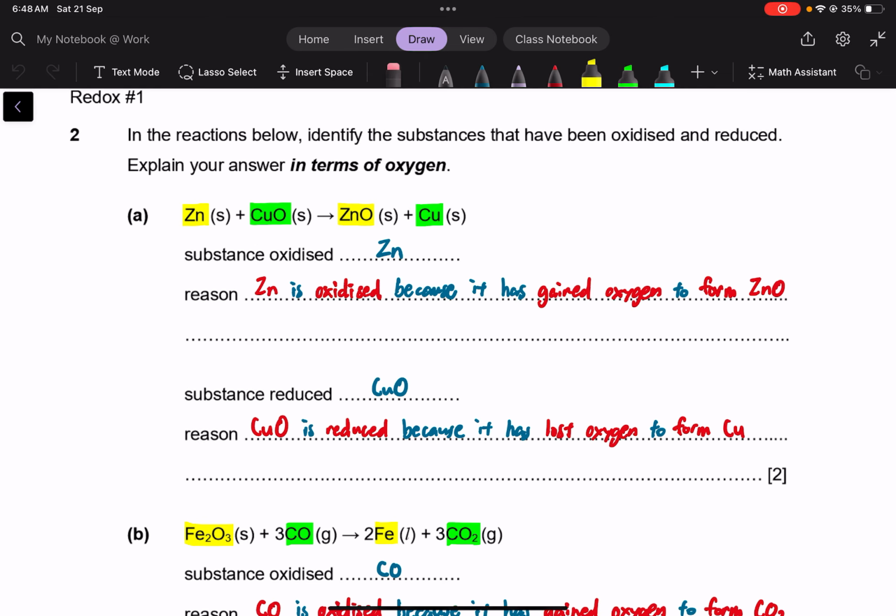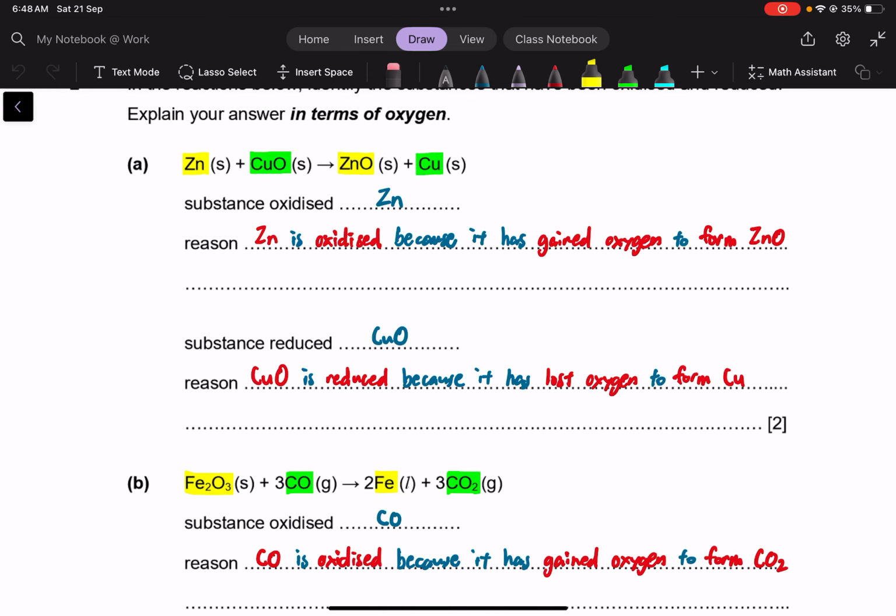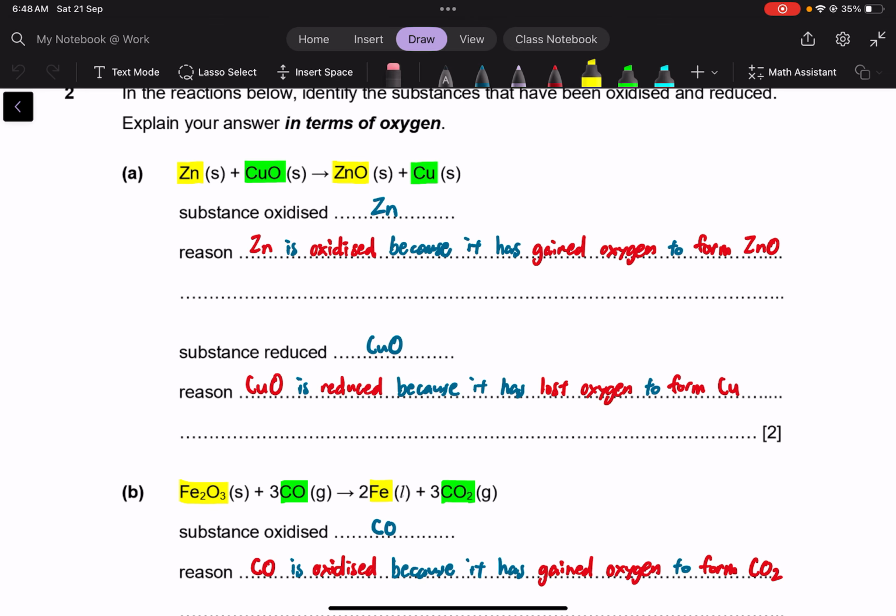Okay, for part A and part B, we are tasked to explain which substance was oxidized and which was reduced in terms of oxygen. If we look at zinc, zinc was oxidized because it has gained oxygen to form zinc oxide. Whereas copper 2 oxide was reduced because it has lost oxygen to form copper.